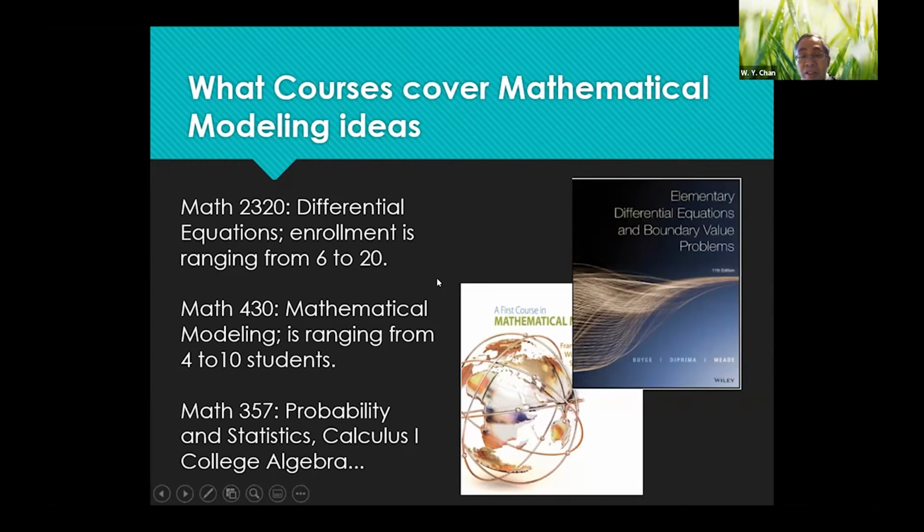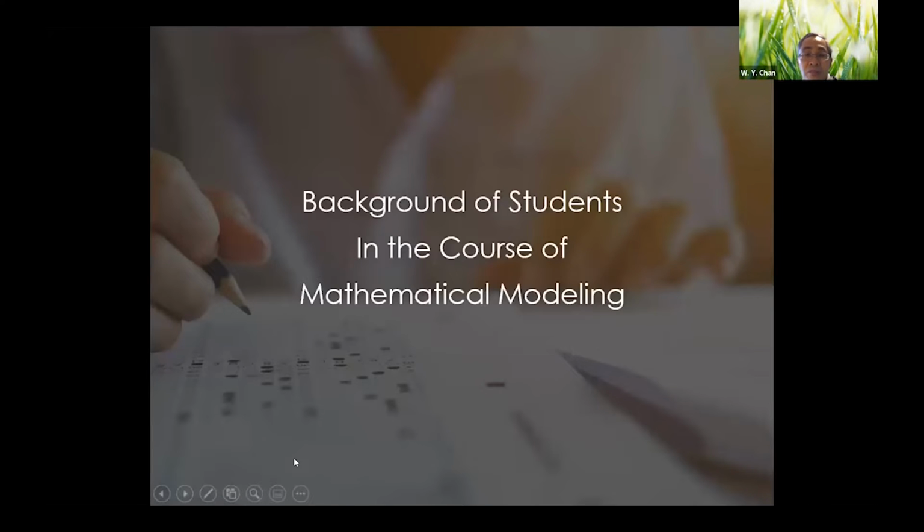The modeling class ranges from 4 to 10 students. So that is the range I have. My colleague has almost the same, so we have 2 people and we share the load. In probability and statistics this semester, I have only 5, but calculus and college algebra can go up to 30 students. So it's kind of diverse.